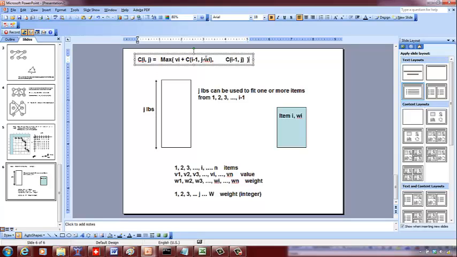Now remember, we can put item i into the knapsack only if what? If the weight wi is less than or equal to j. If wi is more than j, you cannot put it into the knapsack, right?